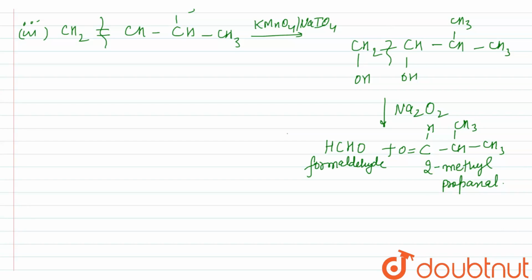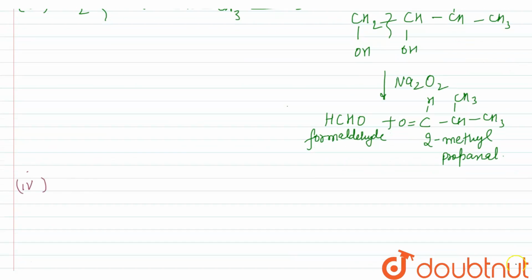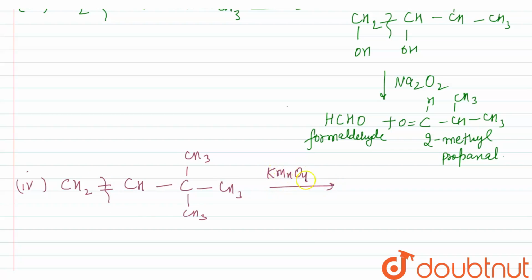And for the last compound, that is 3,3-dimethyl but-1-ene, we'll draw the structure here: CH2 double bond CH, CH3, CH3, CH3. Again, this bond will break and oxidation will occur in the presence of NaIO4, and the cis-diol compound will be CH2OH, CHOH, C, CH3, CH3 and CH3.